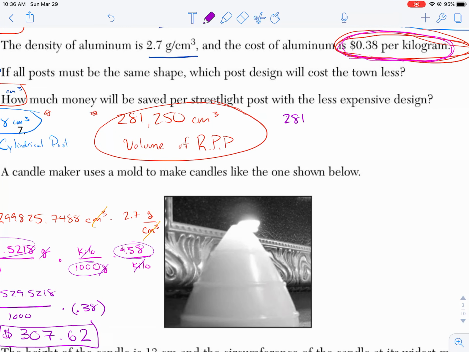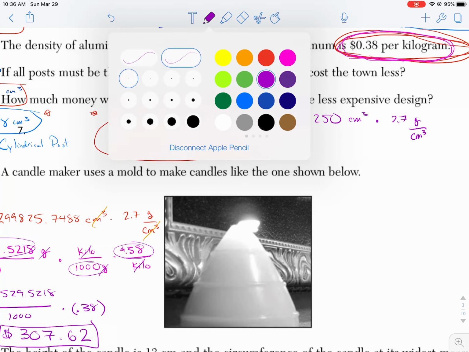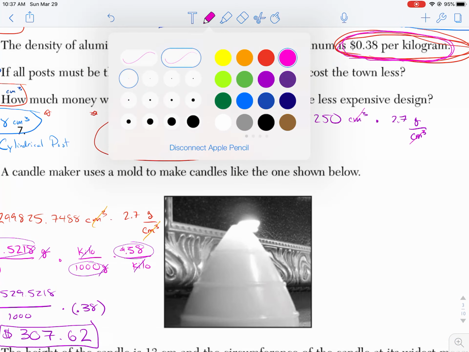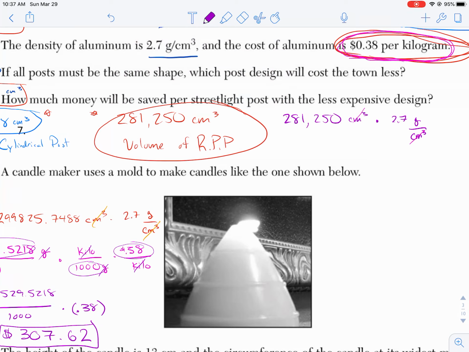Okay, so we're going to do the same process here. In order to find out what our cost is per kilogram, we've got to find the actual mass of this material. So 281,250 centimeters cubed times 2.7 grams per centimeter cubed. Again, if you notice, grams per centimeter cubed is written so that when we multiply these things out, your centimeters cubed cancels.